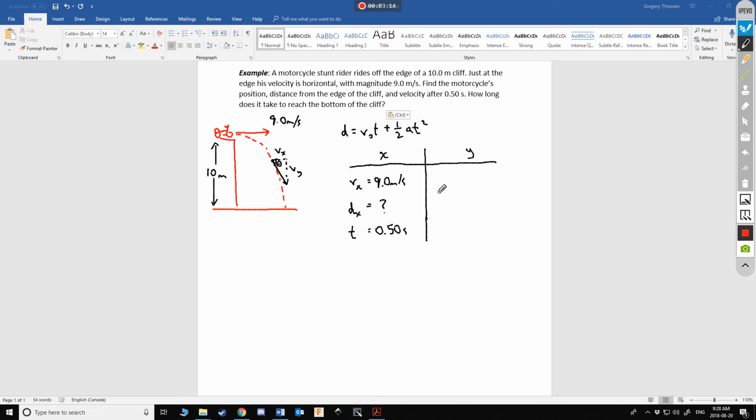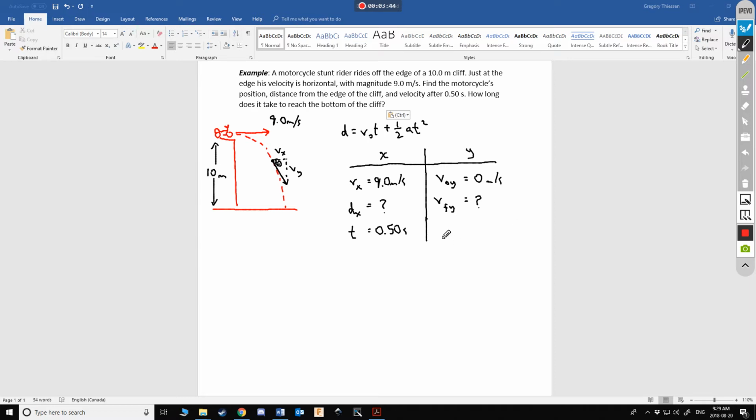In the y direction, I'm actually going to separate into the v0y and v final y, because we know that in the y direction there is acceleration. That means our velocity is going to be changing. So when we look at this one, because our initial velocity is in the horizontal direction, initially we have 0 meters per second in the y direction. We do not know what the final velocity is, but we know it's going to speed up at a rate of 9.81 meters per second squared.